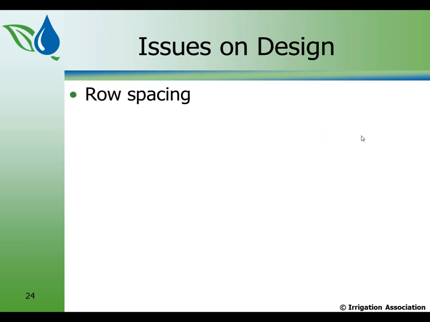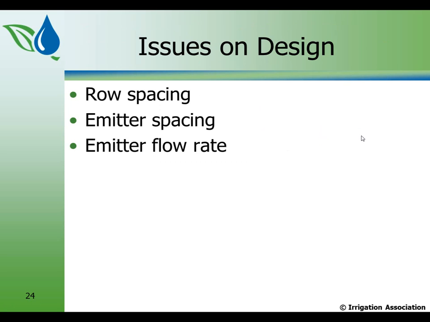The issues in design typically are how far apart are the rows, and that's one that you'll have to make some judgment on, but you can maybe use manufacturer's guidelines to do that. Then emitter spacing and emitter flow rate, both of those generally based on soil parameters.